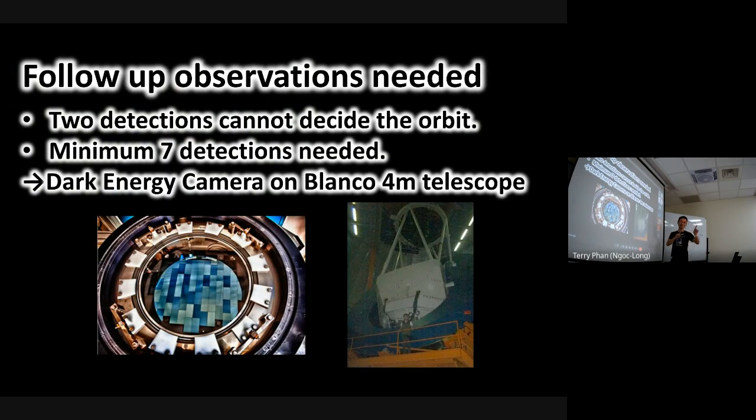So, detections are not enough to decide orbits. To decide the orbit, we need a minimum number of detections, and I see if it's really a planet. So we carry the planet search to some level forward with the Dark Energy Camera and then do the follow-up observation, right? So is that your plan?